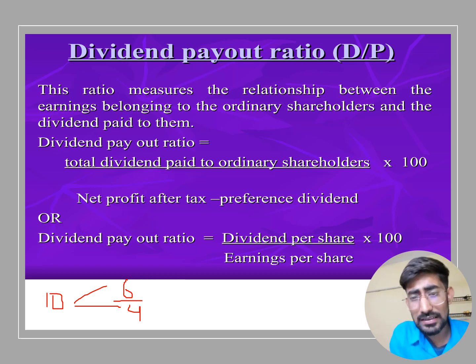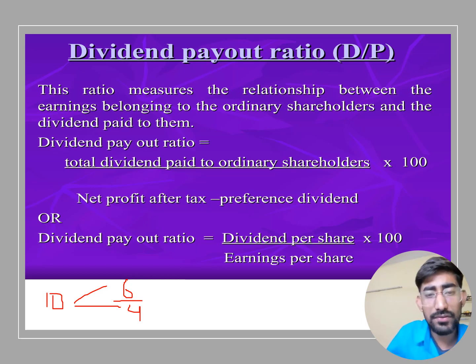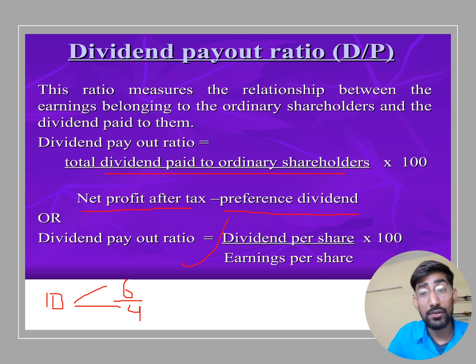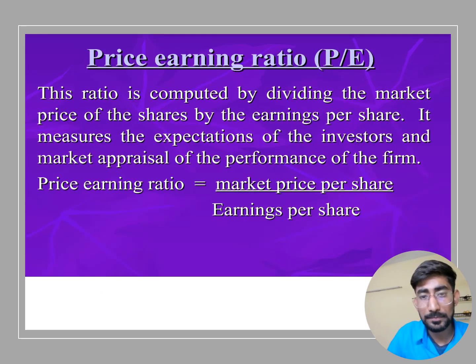For this it is easier if you use the formula DPS by EPS into 100. Otherwise we can also use total dividend paid to the ordinary shareholders divided by net profit after tax, deducting the preference dividend from it, and multiply by 100 to get our dividend payout ratio. I hope it is clear.